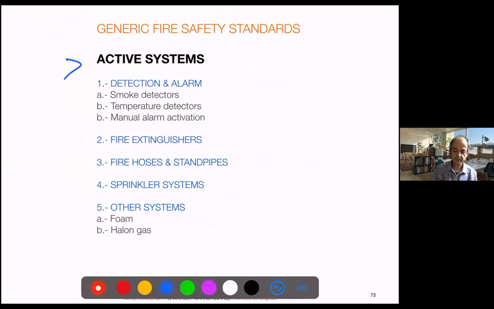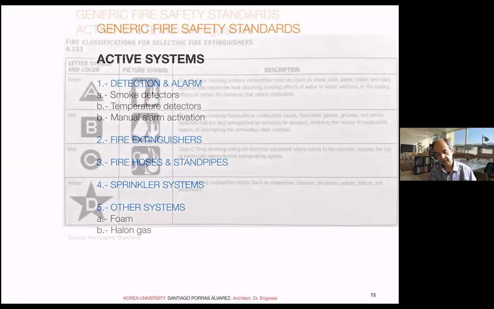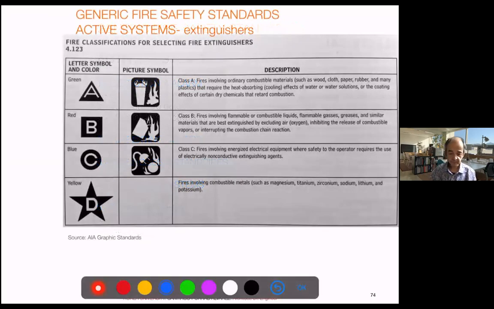And then we have active systems like alarm, smoke detectors, temperature, manual extinguishers, hoses, sprinklers, and foam, and so on. That all is in the additional materials or in the standards you may look. We have fire extinguishers.